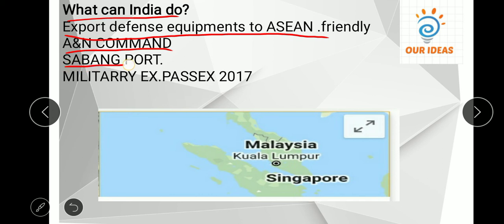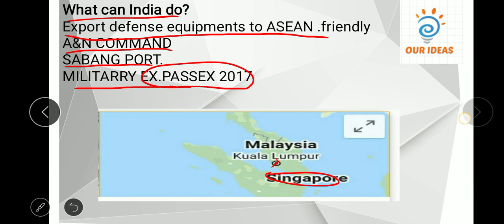And Sabang port: India has developed the Sabang naval base in Indonesia, which is situated near the Malacca Strait. So it is a very important asset in order to counter China in the South China Sea and Indian Ocean region. India also conducts military exercises like PASSEX in 2017, which took place between the US, Japan, Philippines and India in order to counter China's aggression.